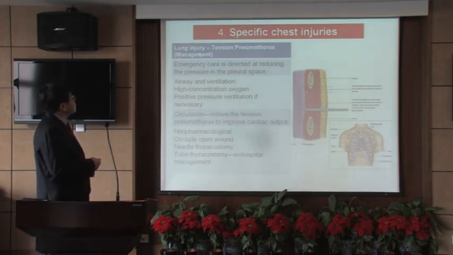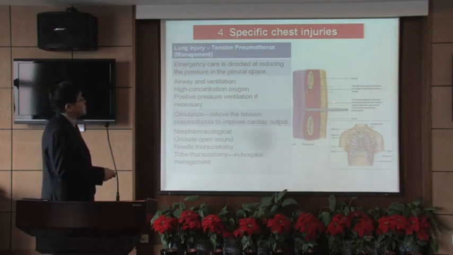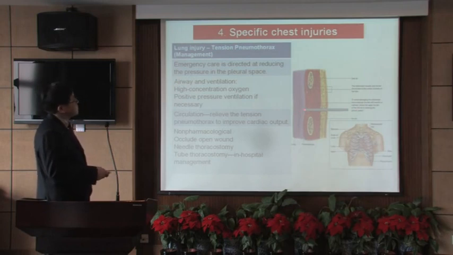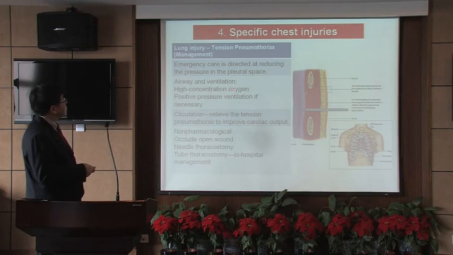So how do we manage the tension pneumothorax? The most important is the needle thoracostomy. Emergency care is directed at reducing the pressure in the pleural space. So airway and ventilation, high concentration oxygen, and positive pressure ventilation if necessary. Then circulation.